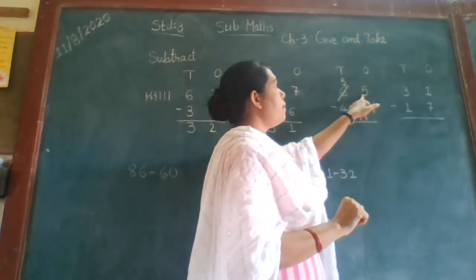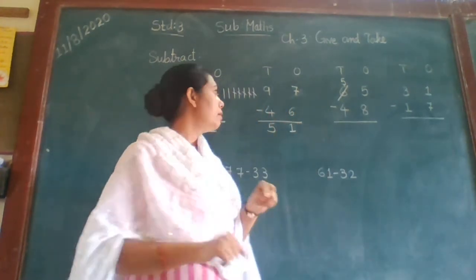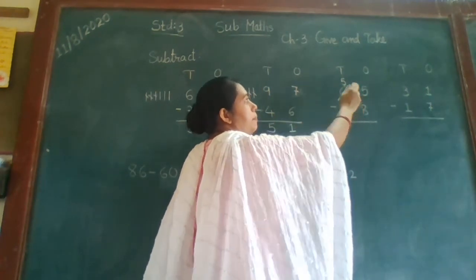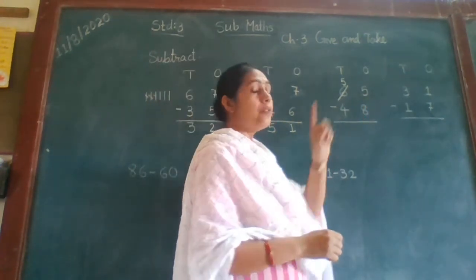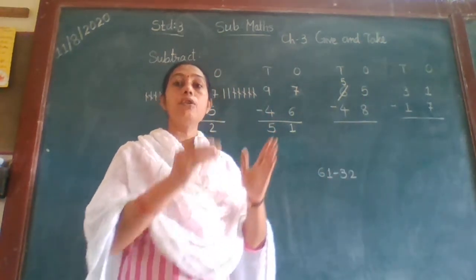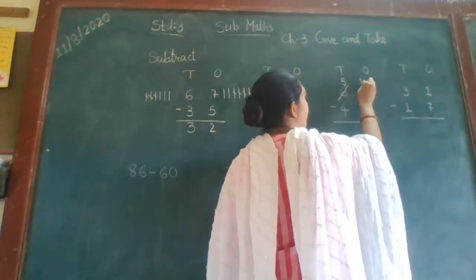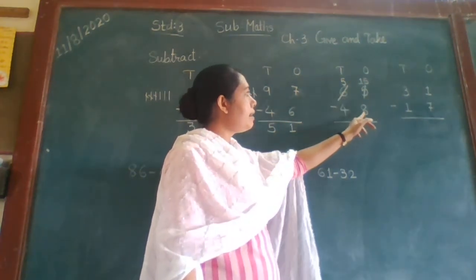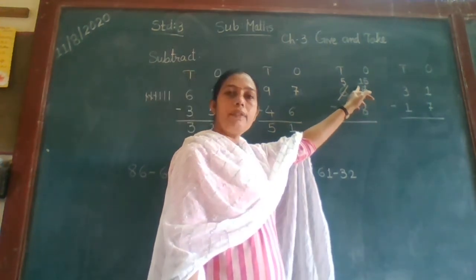And this 5 on the ones place got 1 ten. Who gave it? 6 gave it 1 ten. It already has 5 and it got 1 ten, so 10 and 5, here we write 15. Now 15 is greater than 8, so we can cut 8 from 15.